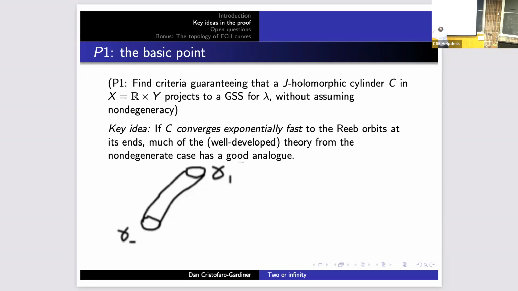For some context, in the non-degenerate case, this is just a standard thing that comes out of the theory, that you get this exponential convergence. But in the degenerate case, we're going to impose this condition, and then it's going to be quite subtle how we even find cylinders with this exponential convergence in the first place. But the first point is that this makes sense without any non-degeneracy. We just want exponential convergence.